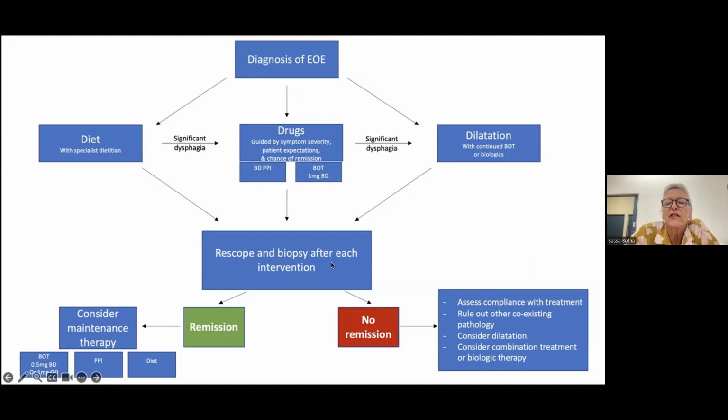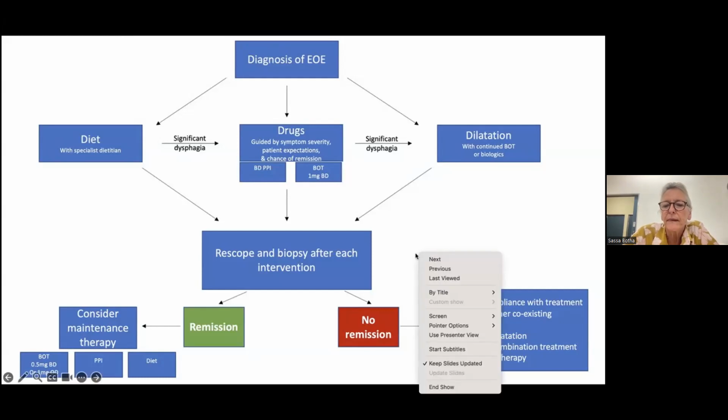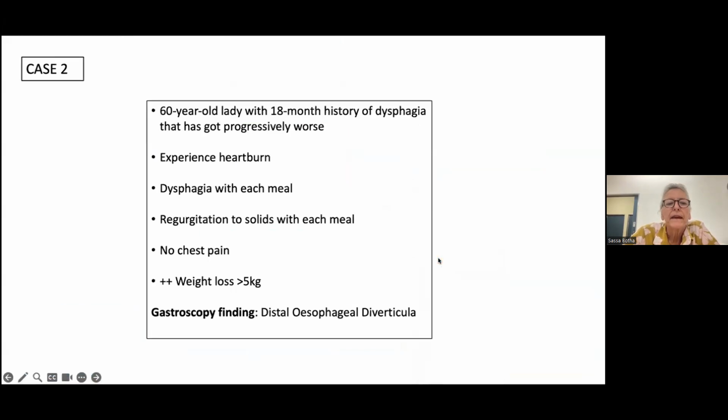With each intervention, say for instance after your dilatation if there was stenosis, you've got to rescope and biopsy every time and see that it is still under control, and then you can always go on maintenance therapy, as I said, with a once-daily dosage.